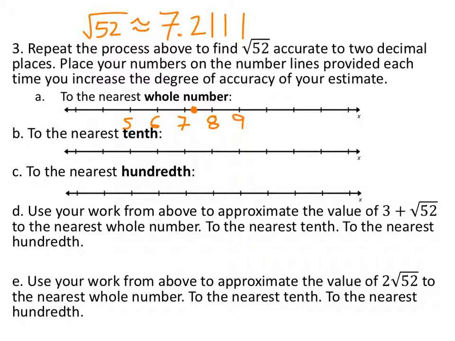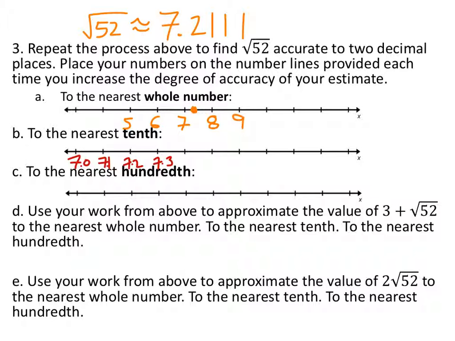Well, let's take this to the tenth. So this would be 7.2. If this was 7.0, this would be 7.1, 7.2, and that would be between 7.2 and 7.3. And I don't really need to go further from there because I know it's between those two.